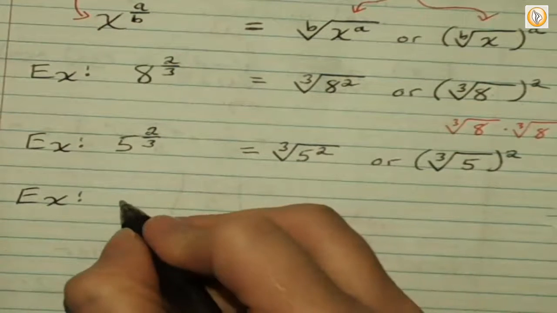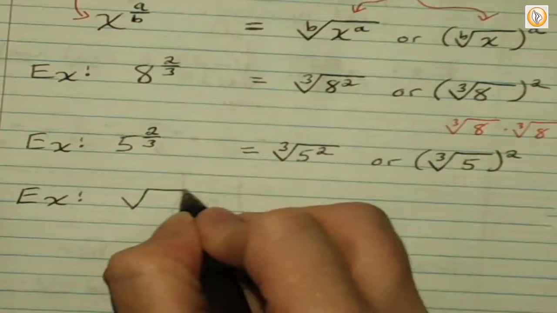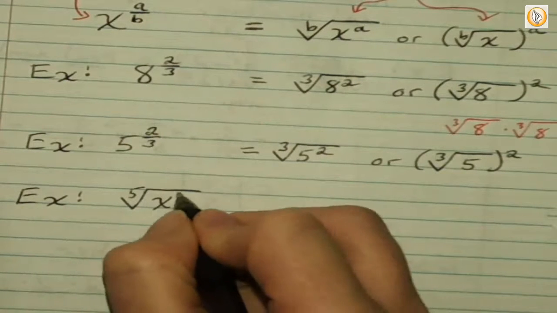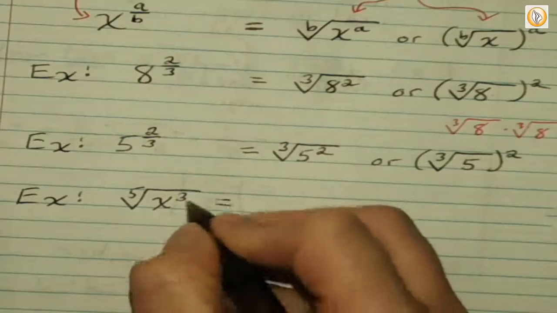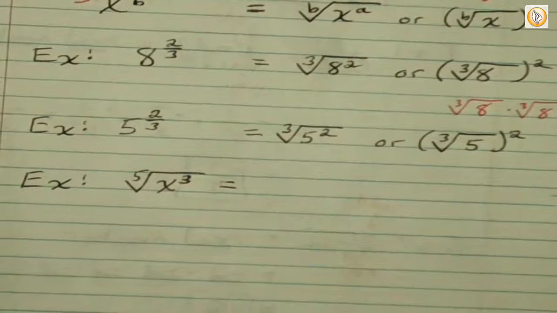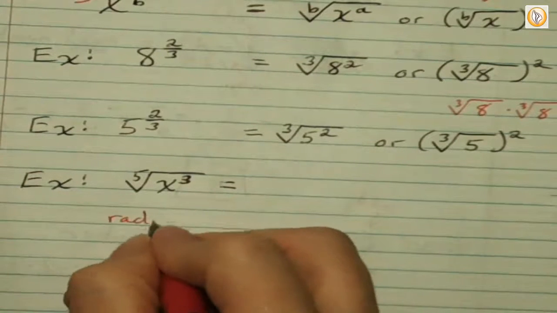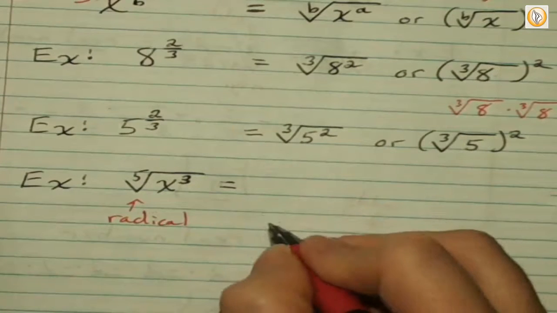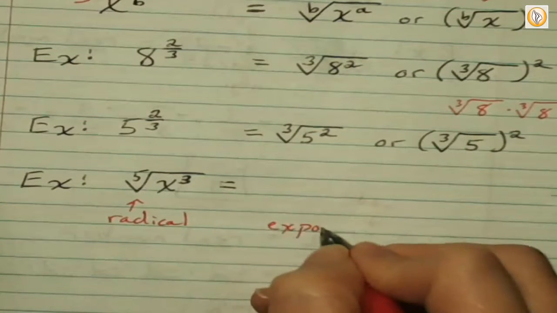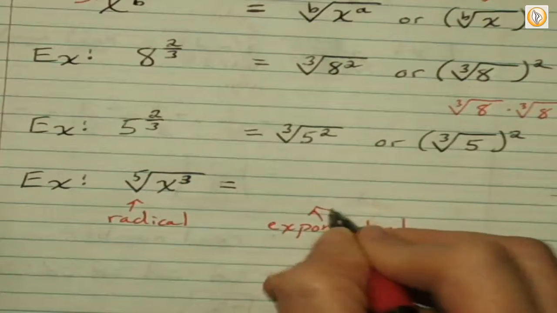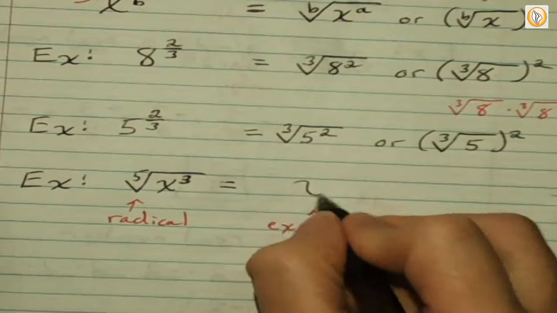What if I give you this, Morgan? That's a 3 right there. What would the exponential form look like? This is your radical form. I'm still writing. That's fine. X with 3/5 as the exponent.